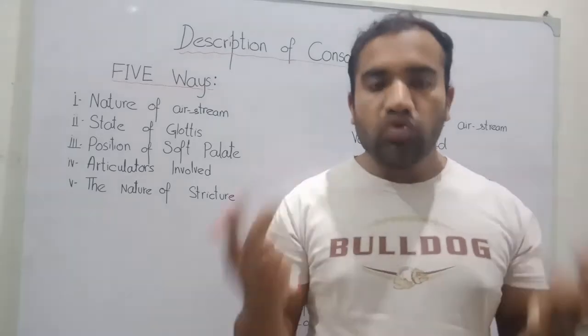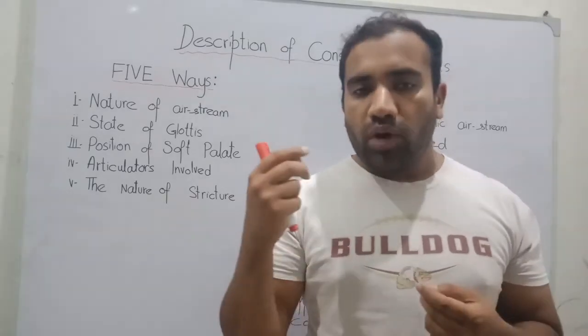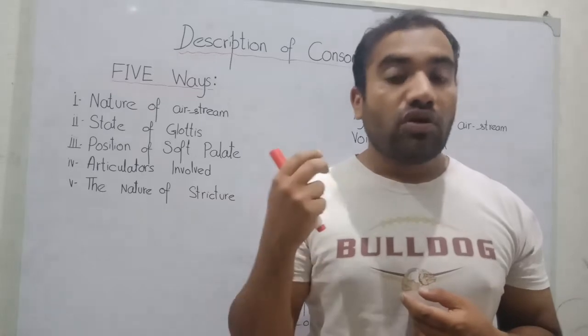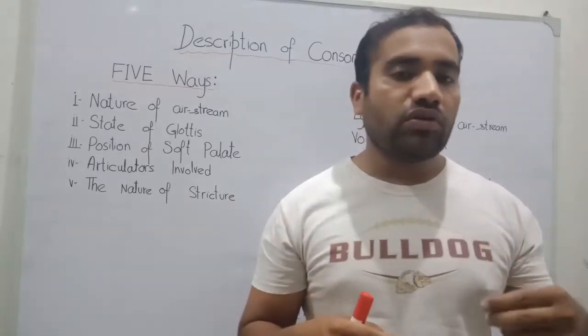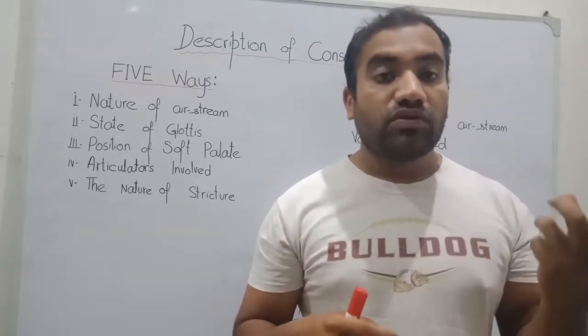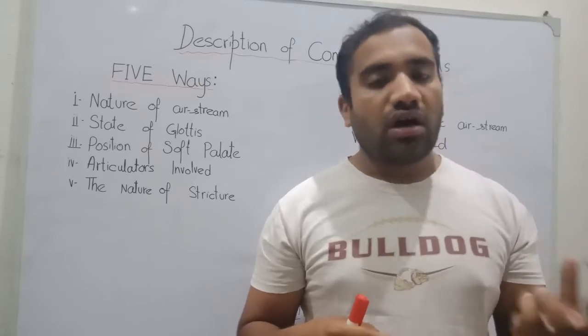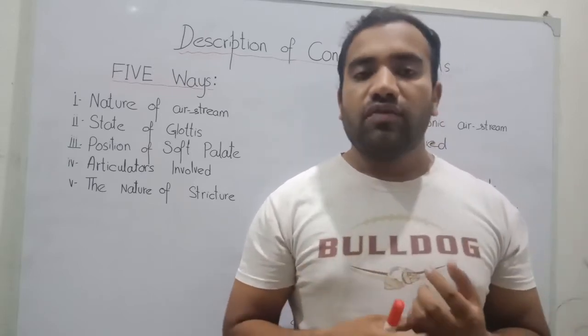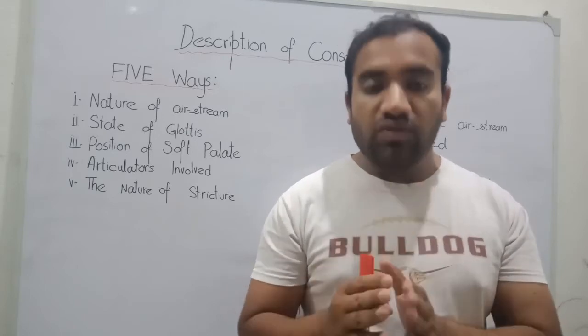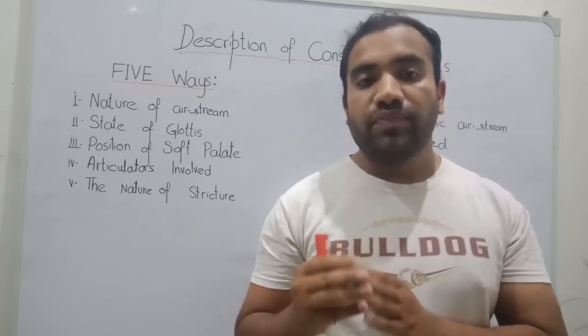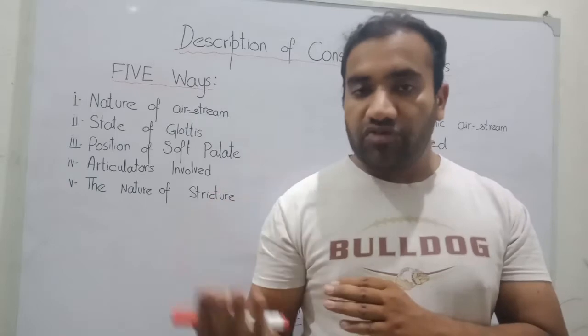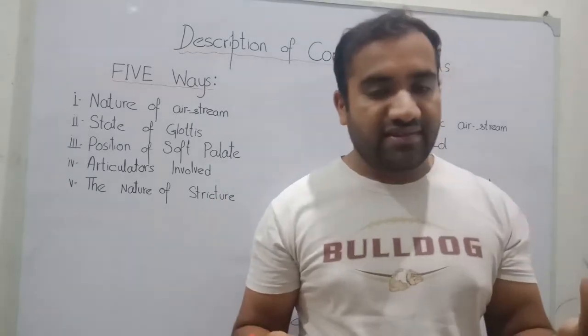We have two positions: one is the voiced position, when the vocal folds vibrate, and if the vocal folds don't vibrate, we have the voiceless or unvoiced position. And we must check whether the sound that we are producing is a voiced sound or a voiceless sound.